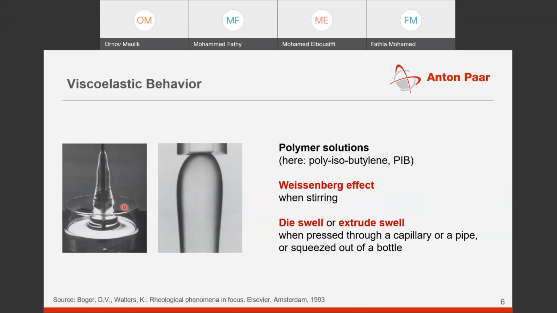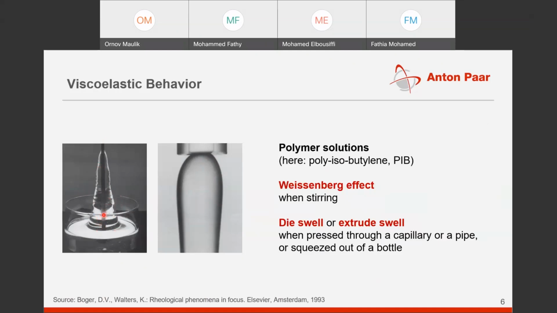Now, why do these effects happen? This basically happens because of the elasticity present in these samples. What happens in the Weissenberg effect, that is the rod climbing, is that when you stir that viscoelastic material very fast, the direction of the normal stress which forms is upwards, or you can say the stress acts as a hoop stress.